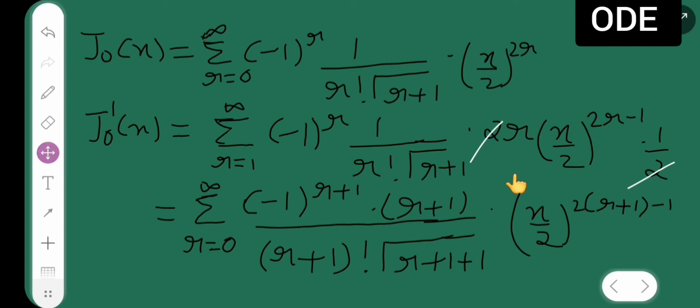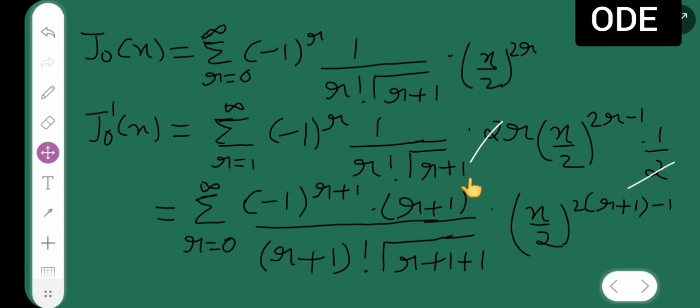Now I will get the summation of r equals 0 to infinity of (-1)^r. Here, wherever there is r, you have to put r plus 1. Since r equals 1 was there, it will become r equals 0 to infinity, and wherever there is r, you put r plus 1, so (-1) raised to r plus 1, and again this r, I write r plus 1, and in the gamma, r plus 1 plus 1.